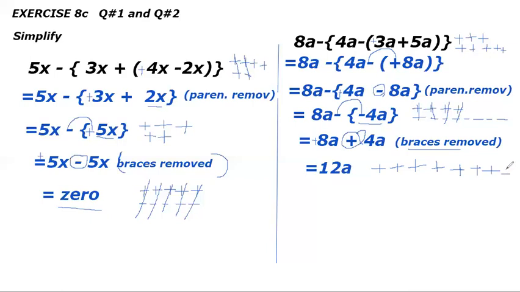These plus 8 signs mean it is positive 8a. Now positive 4a, 1, 2, 3, 4. Add all these signs and you will get 12a, and we can write it positive 12a. These are very easy questions. Hope you have understood these questions.